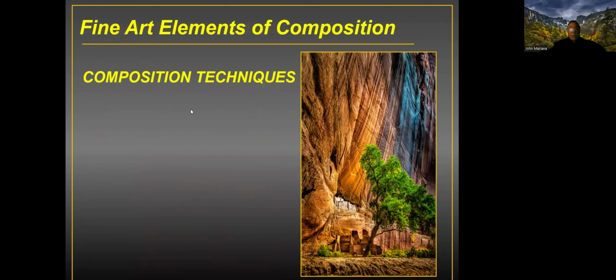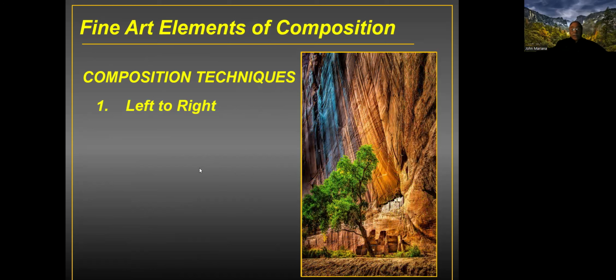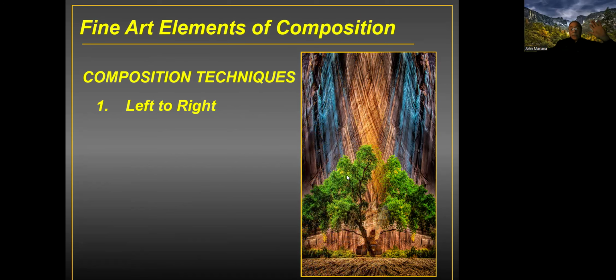So composition techniques. I photographed this in Canyon de Chelly. Now watch, this is how I was standing photographing it, but how I present it is left to right, flip it horizontally. You see how you read that differently? This way, you see the buildings, but the tree on the right-hand side lets you fall off the right-hand side of the image.